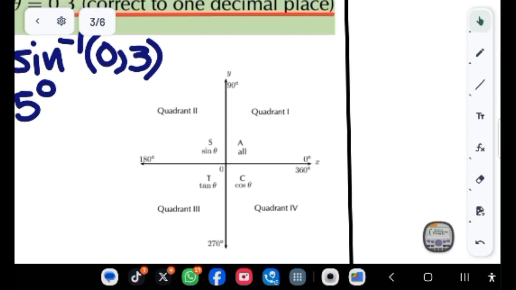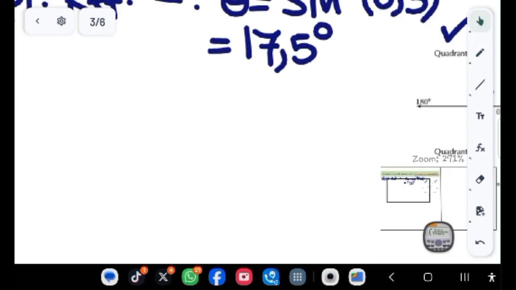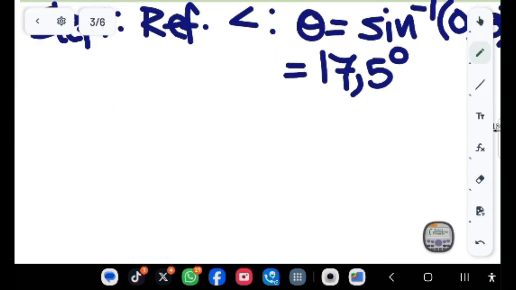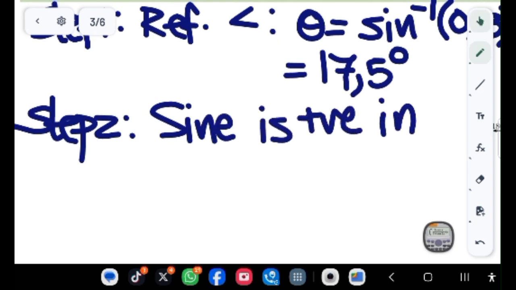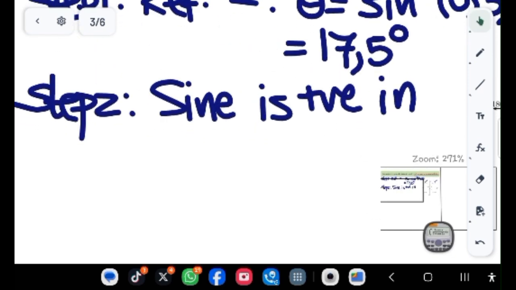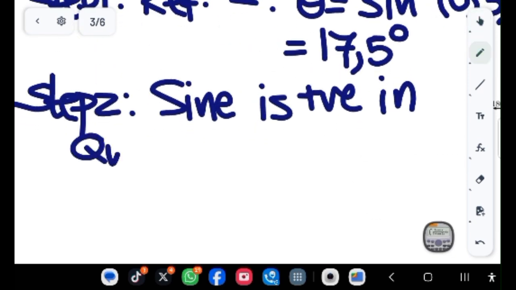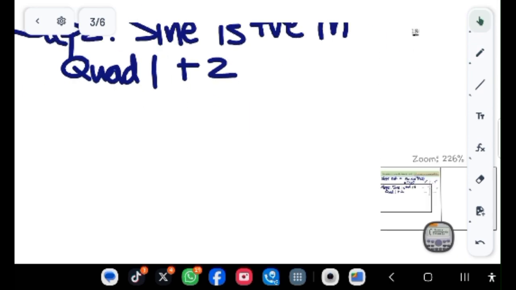So it's positive here and it's positive there. Sine is positive in quadrant 1 and quadrant 2.